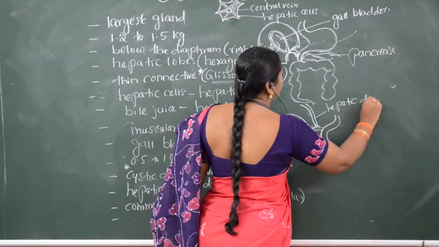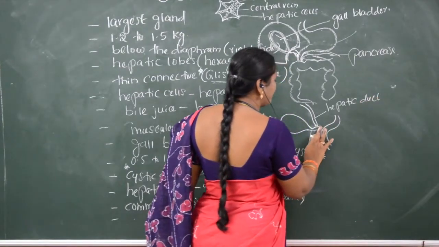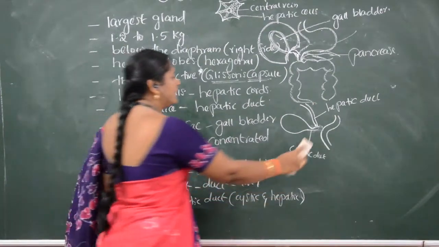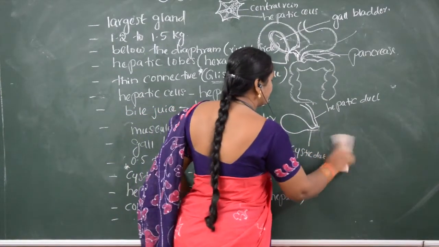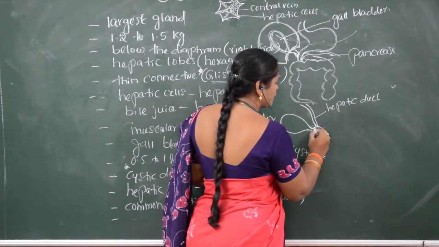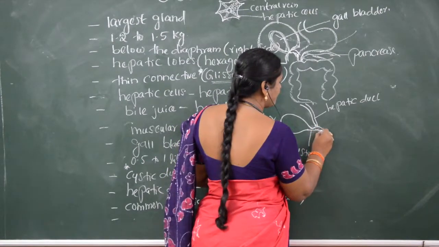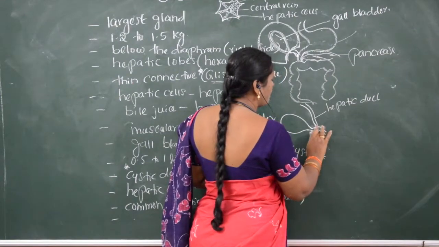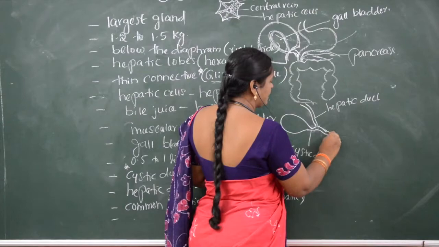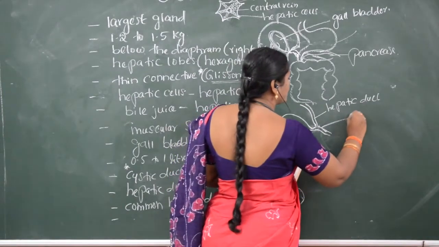The cystic duct and hepatic duct both unite together and commonly form the common hepatic duct.